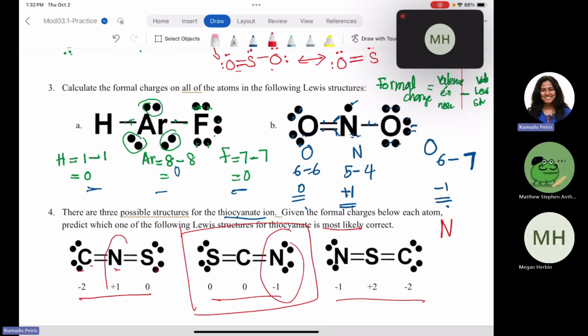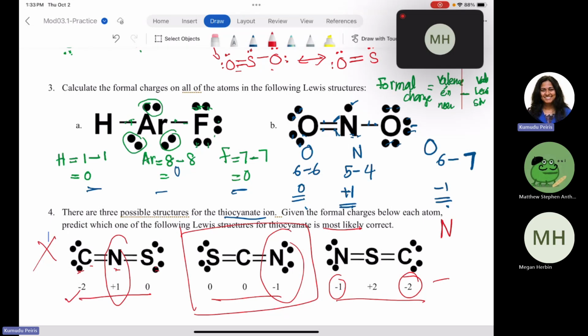But look at this one. Here the nitrogen has a positive charge, but the carbon has a negative charge. Carbon is not more electronegative than nitrogen. Therefore, that's another reason we didn't choose that structure. Look at the second one again. Nitrogen in this case has a negative one, but the carbon has more negatives on it, so it is not stabilizing this structure.